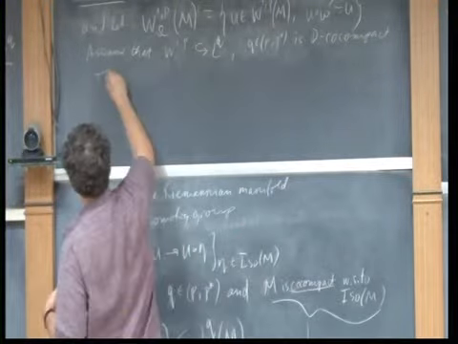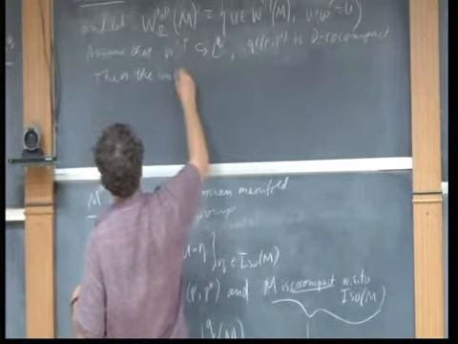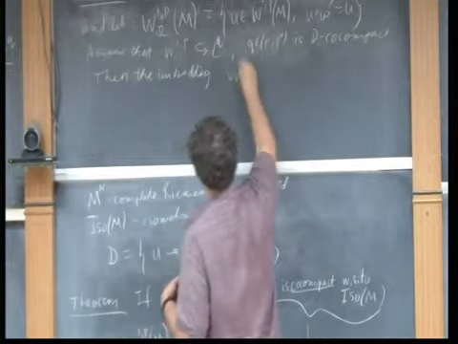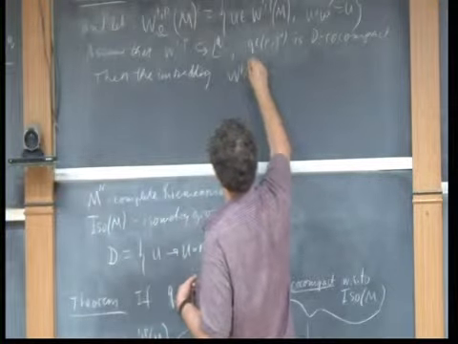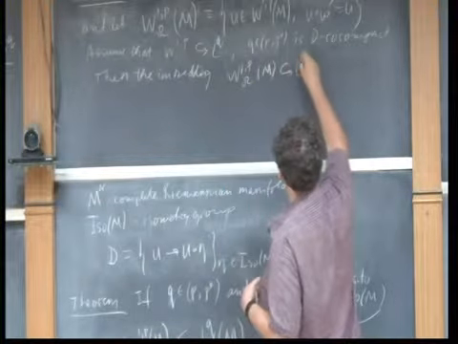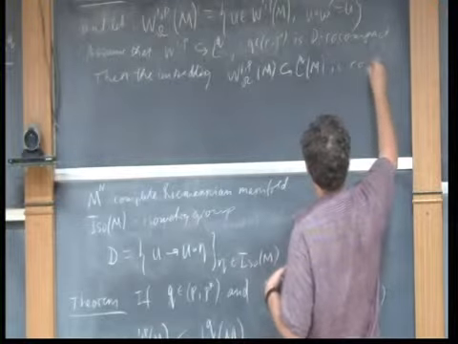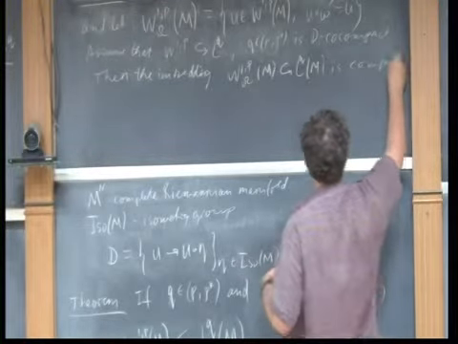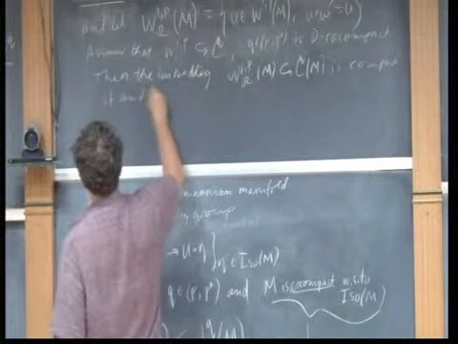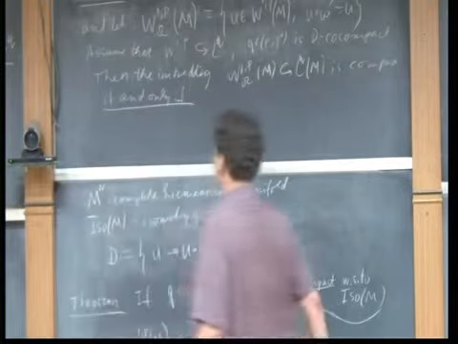Then the embedding of W^{1,p}_omega(M) into L^q(M) is compact if and only if the following geometric condition holds.